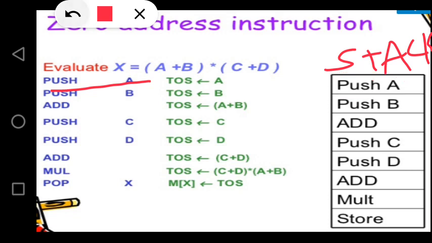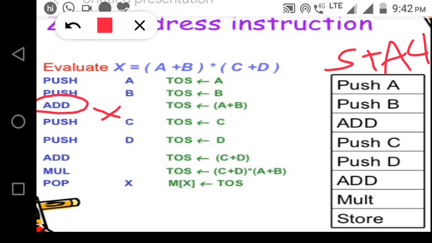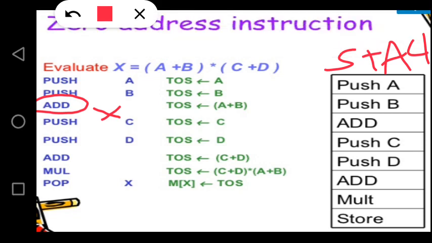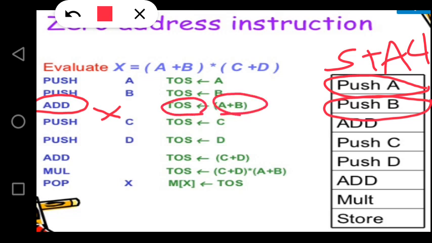Then what is the instruction? See the instruction, just add. There are no operands, just add. Then what happens, since it is a zero address instruction: first you fetch the top of the stack and another top of the stack, perform two pop operations, and store the result in the top of the stack. Next, similarly, push C, push D, and again perform add.